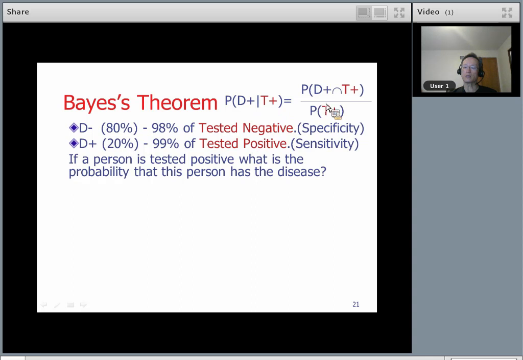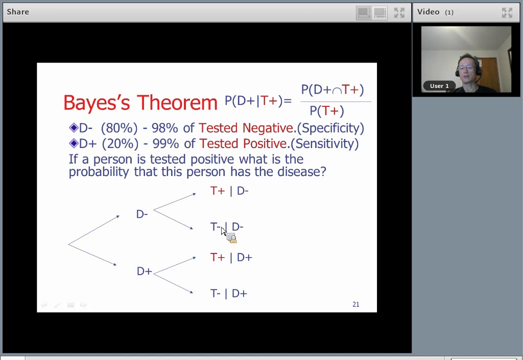And we can get these numbers from a tree diagram. The idea of a tree diagram is this. Right now, we have a population, a group of people of interest. Some of them don't have disease, some of them have disease. But then, among those who don't have disease, some of them tested positive, and some of them test negative.